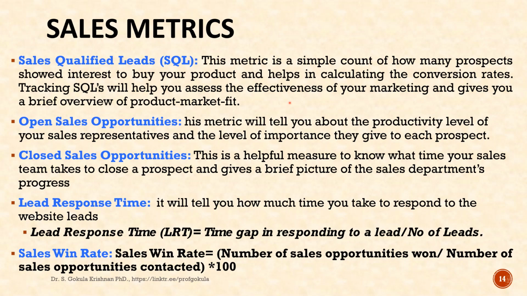The next metric when it comes to sales is open sales opportunities. This metric will tell you about the productivity level of your sales representatives and the level of importance they give to each prospect.